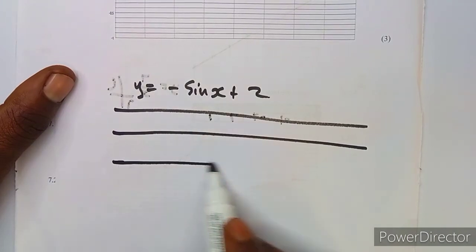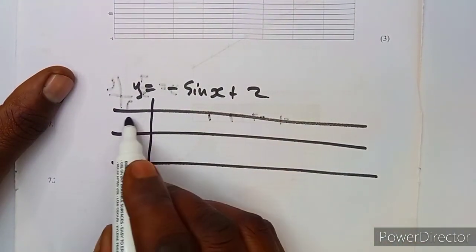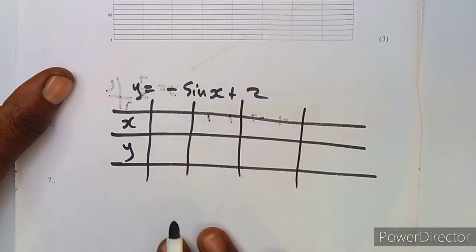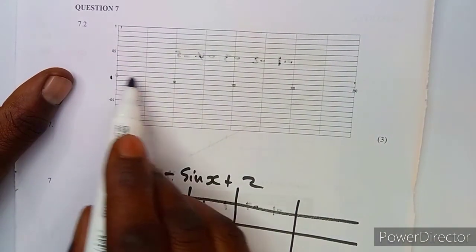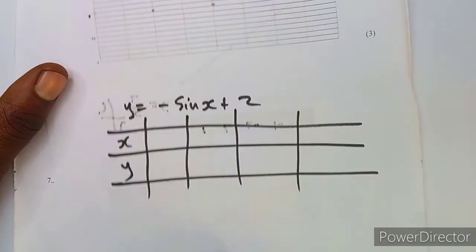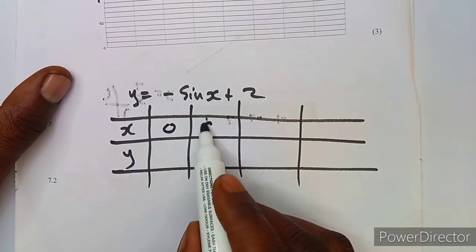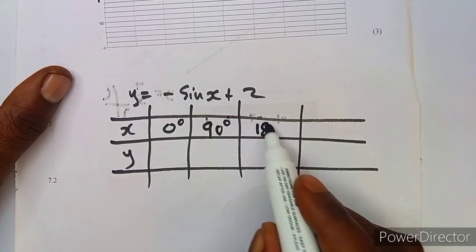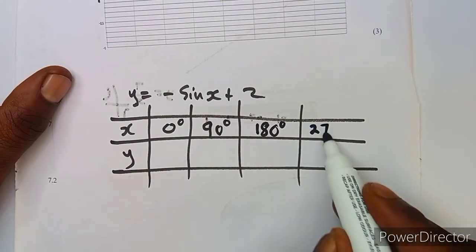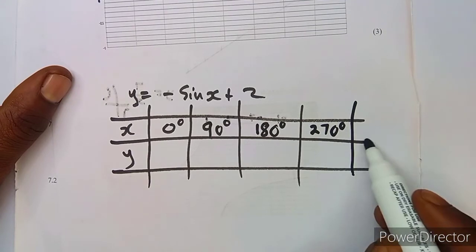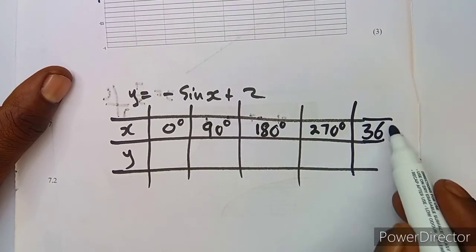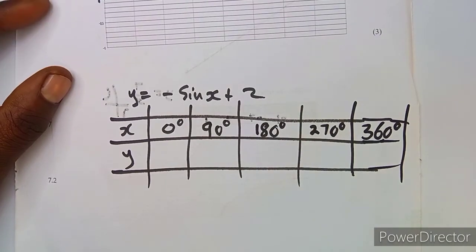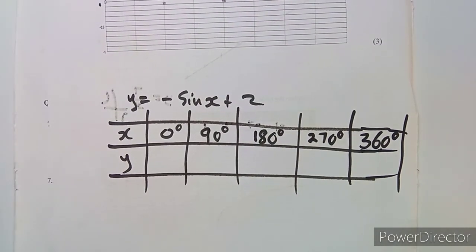On this table, you are going to have the values of x and the values of y. So the values of x are the ones that you are given here from 0, 90, 180. Just substitute them. So you've got 0 degrees, 90 degrees, 180 degrees, 270 degrees, and 360 degrees. So this is the interval that we have from this graph.